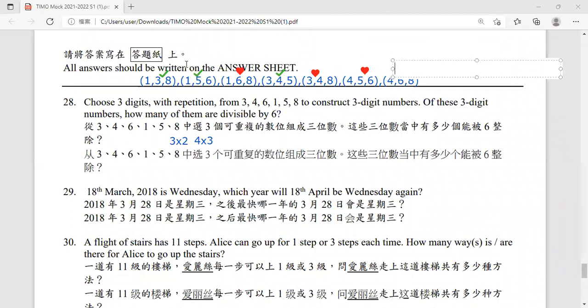So they have 6 combos here. So the total answer will be this one. Okay, it's 24.